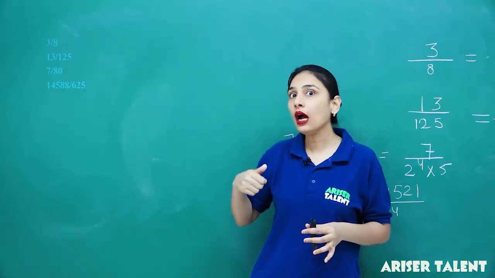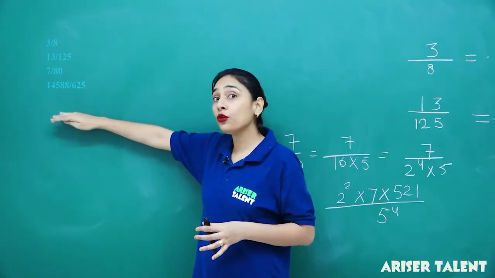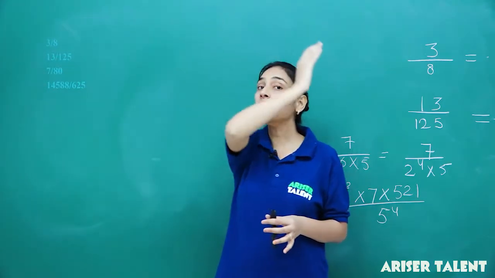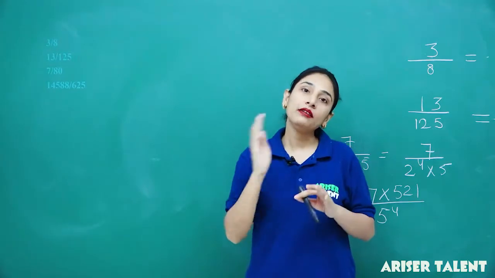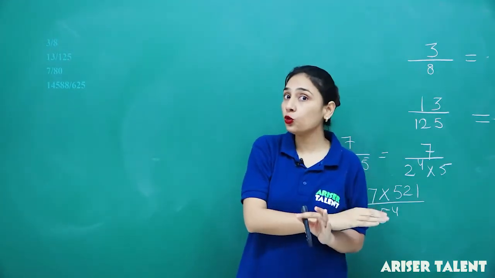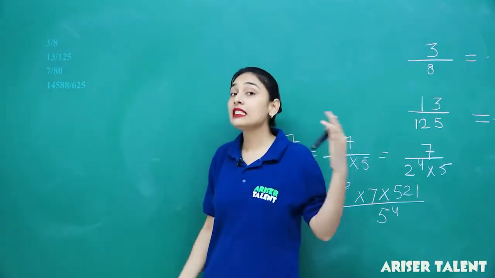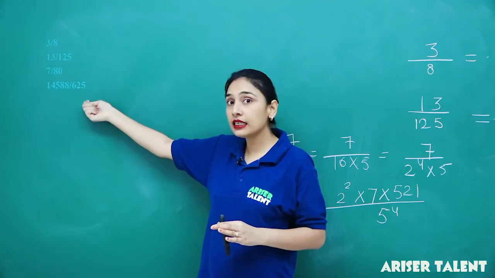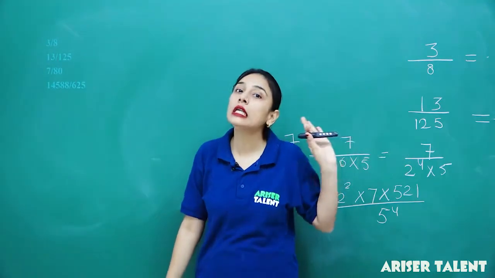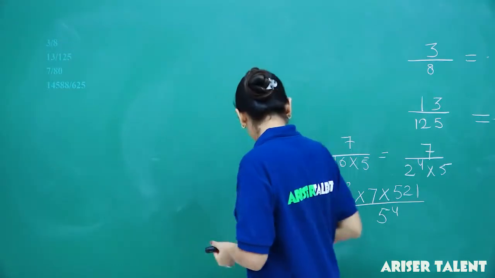Now I am going to discuss this p by q form, and then eventually convert it into decimal form, and I will prove that if this is the condition, it is going to terminate. It will be a terminating one.